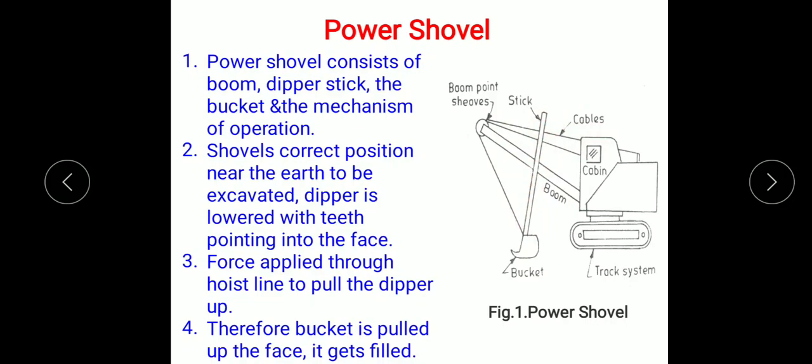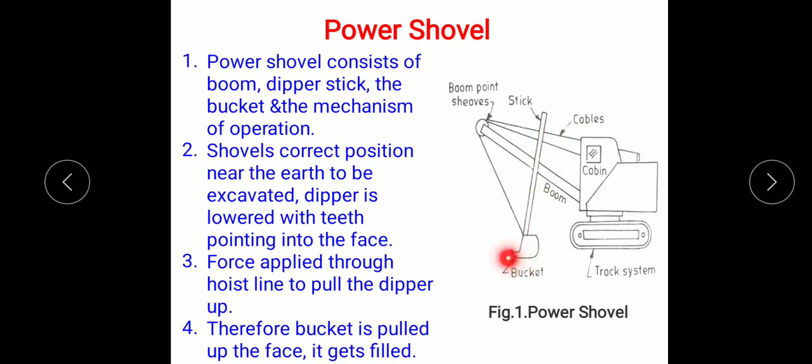So basically the working of this power shovel consists of correcting the position of this bucket near the earth that is to be excavated. When we take a position of this bucket where we have to carry out the excavation, after that this dipper stick is lowered with teeth pointing into the face.